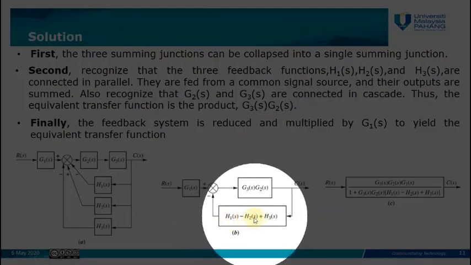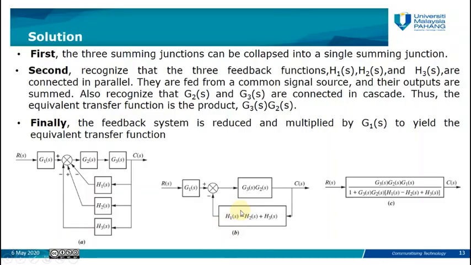So this will be the value for this block, and this block will be in series with the first block, which is G1. So G1 will be in series with this one, so we multiply G1 times G3 G2 over 1 plus G2 G3 times H1 minus H2 plus H3.